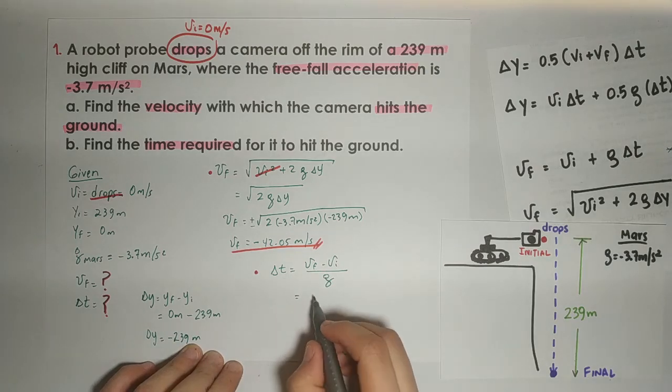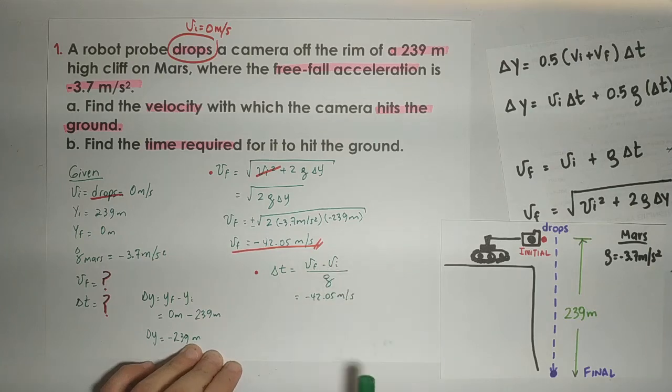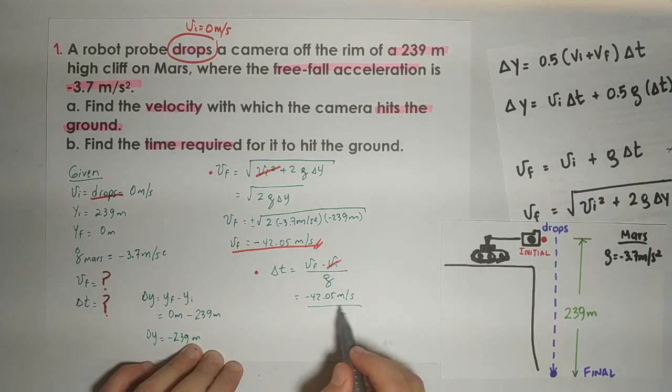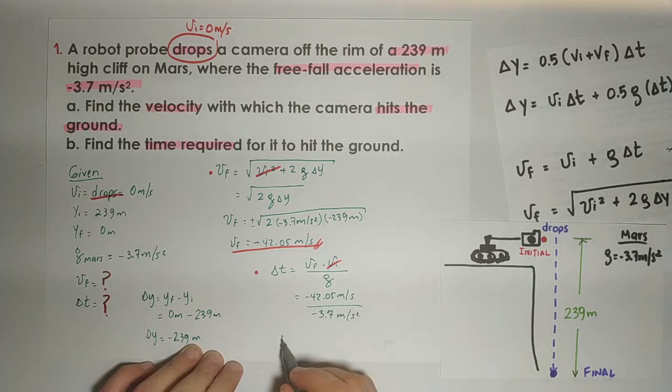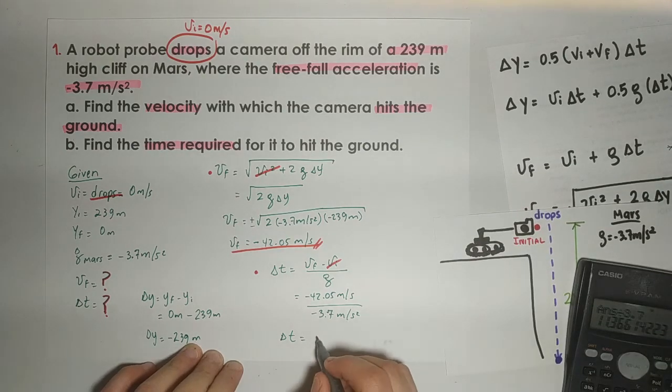Let's see, negative 42.05 meters per second. The initial velocity is 0, you don't need it. Divided by negative 3.7 meters per second squared. So my time for this exercise is 11.37.